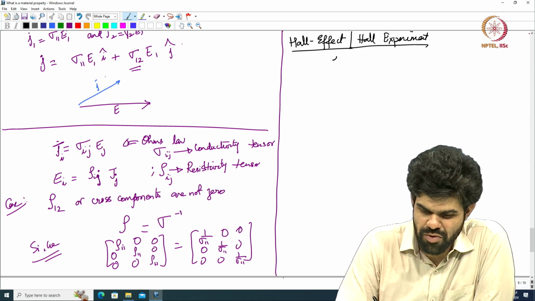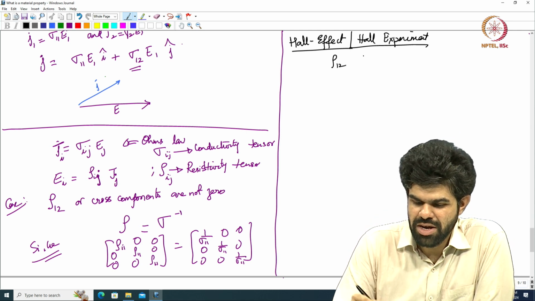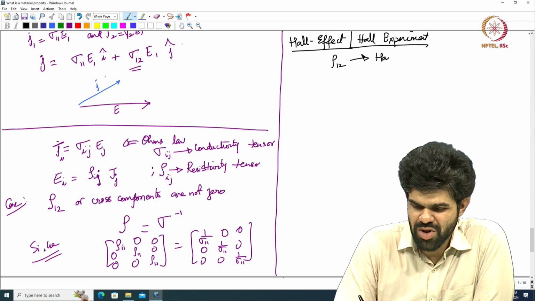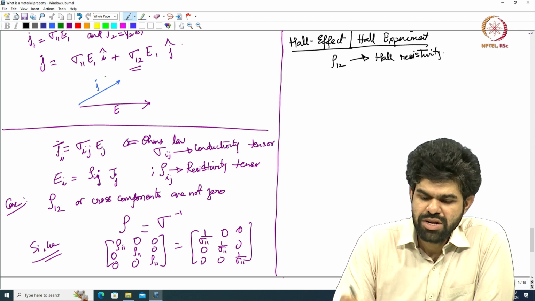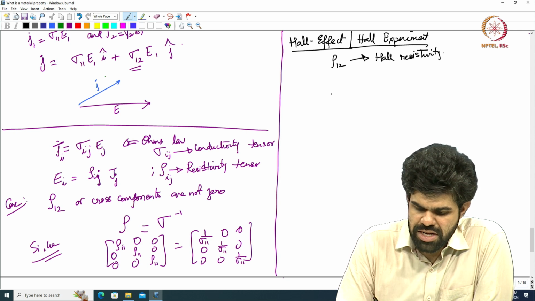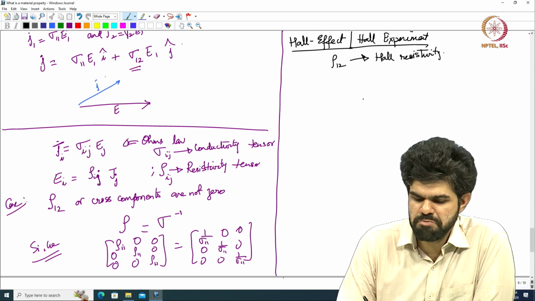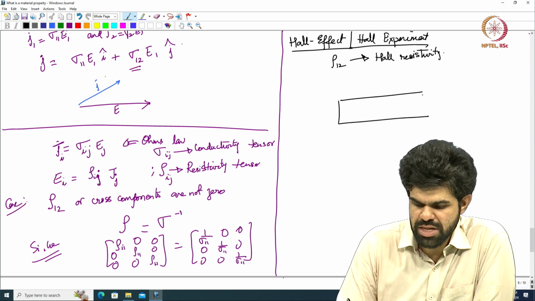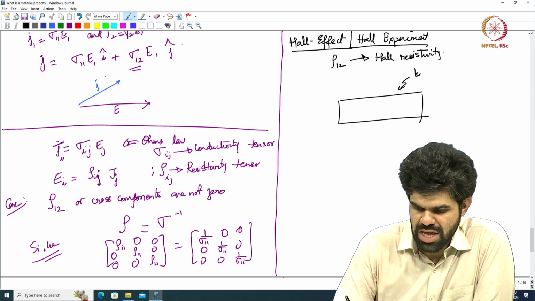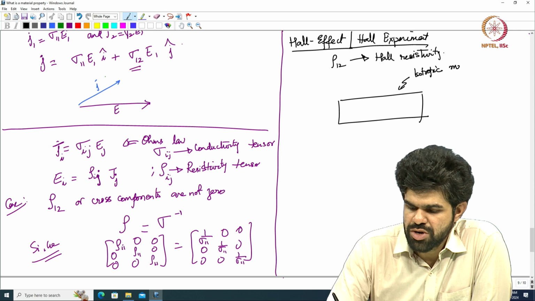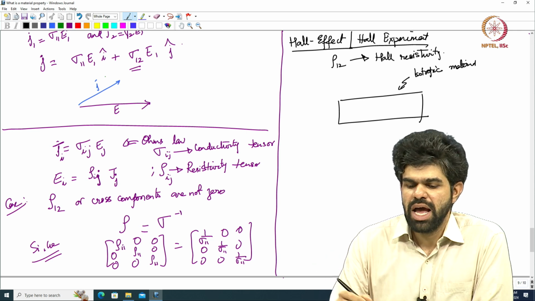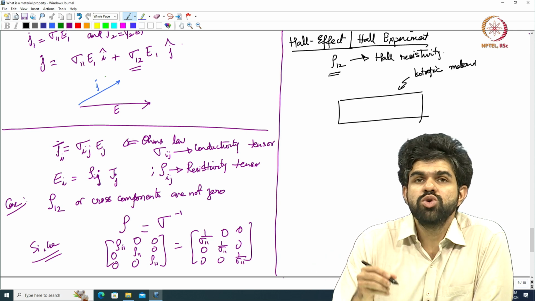So, something like rho 1 2 comes up, or this is equivalent to what is called Hall resistivity. Okay. So, what is the Hall effect? Essentially, how do you do the experiment? Let us assume that I have an isotropic material. Later on I will relax this assumption, but for now I am going to say this is an isotropic material, which means to start with there should be no rho 1 2, right.